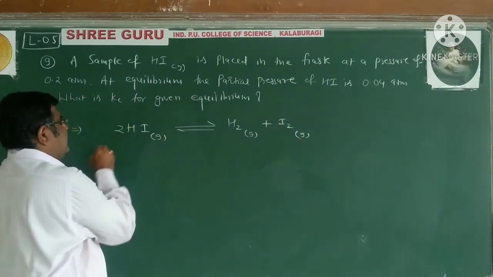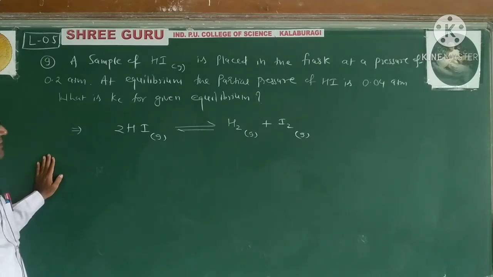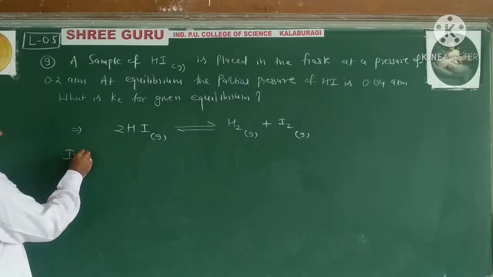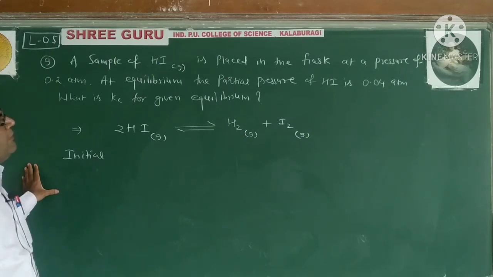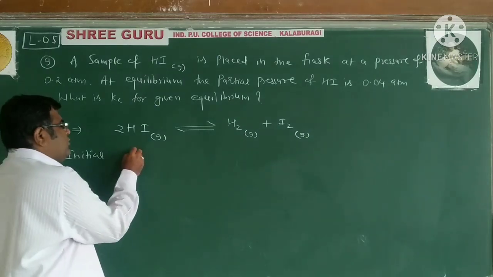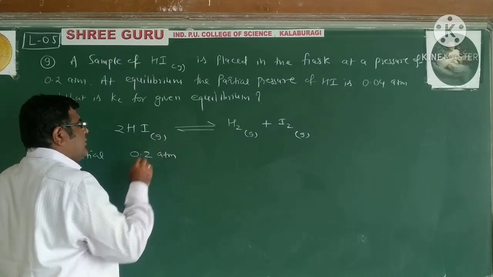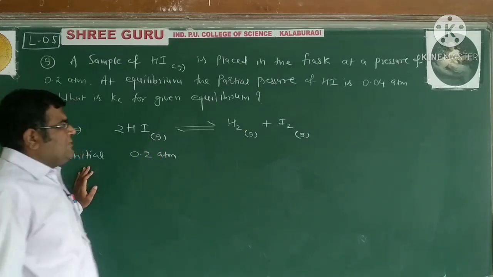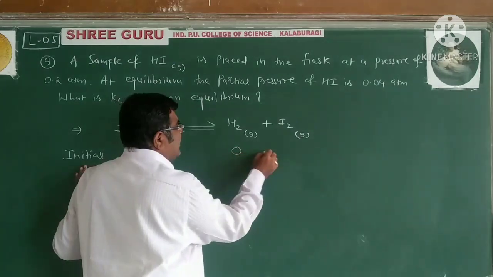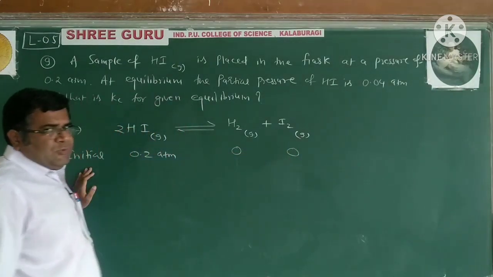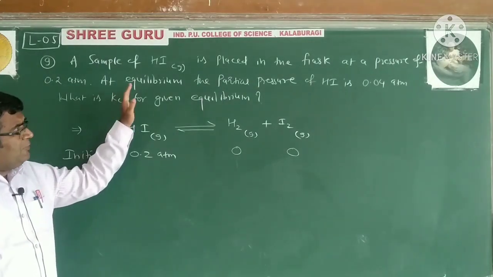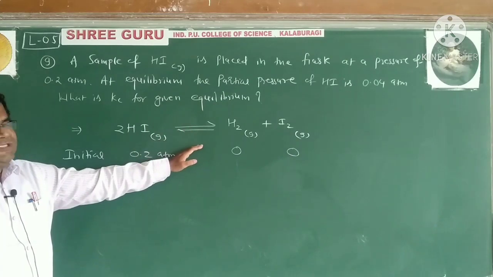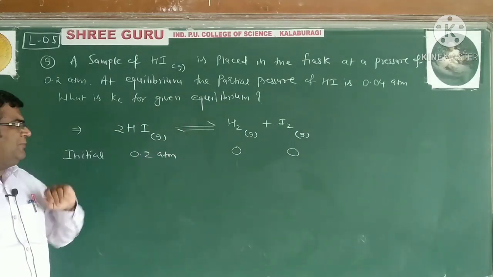Of course, we write 2 moles of HI to balance this reaction. Now, the initial pressure of hydrogen iodide is given as 0.2 atm. At the start there is no product, so I write 0 and 0. Always remember, at the start of the reaction, if it is not mentioned, product pressure or concentration has to be taken as 0.